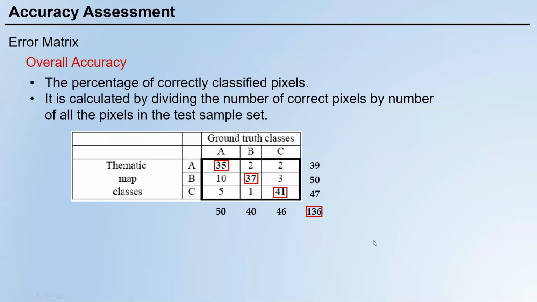What's that? 136. So overall accuracy is 35 plus 37 plus 41, the sum divided by 136. You get a percentage or a decimal, 0.83 or 83%. That's the overall accuracy of your classification.